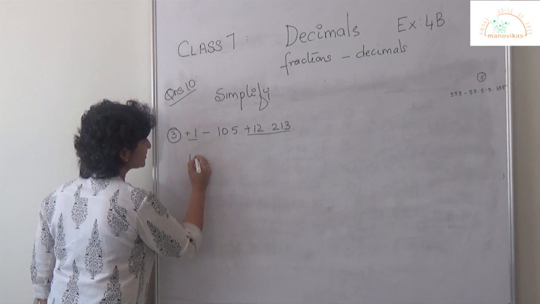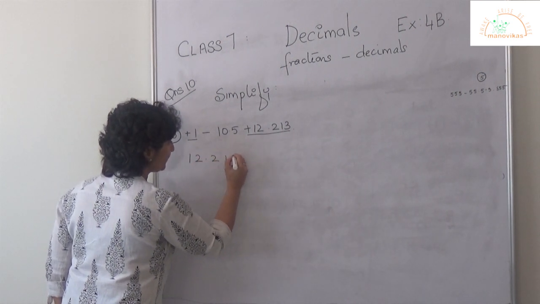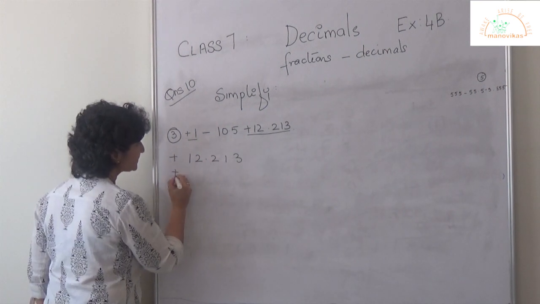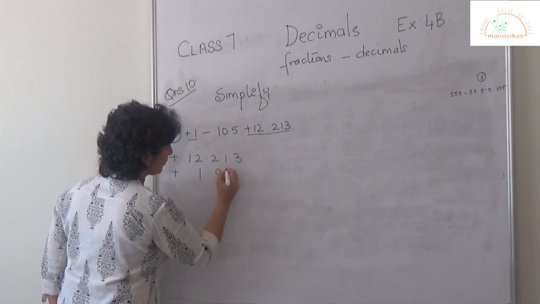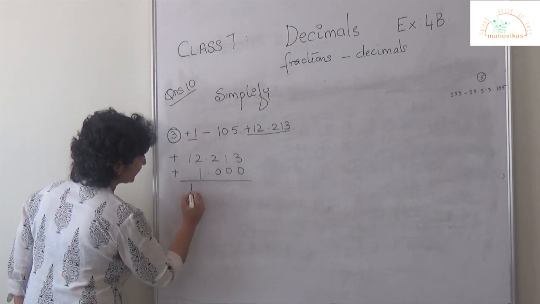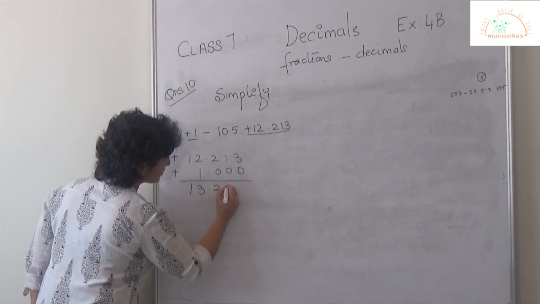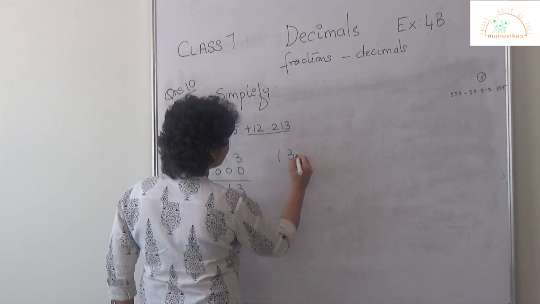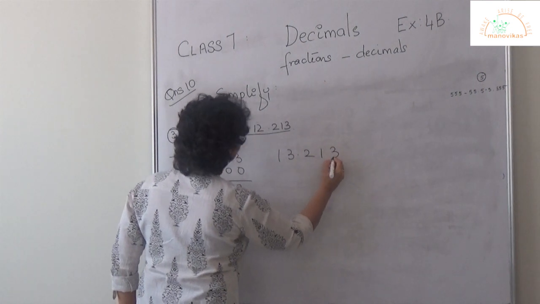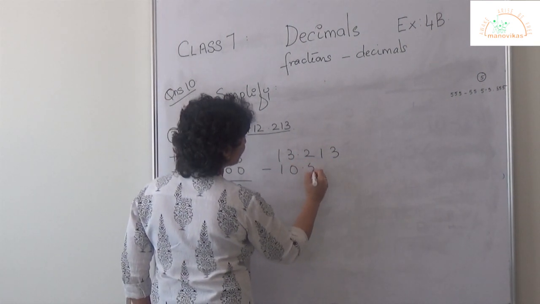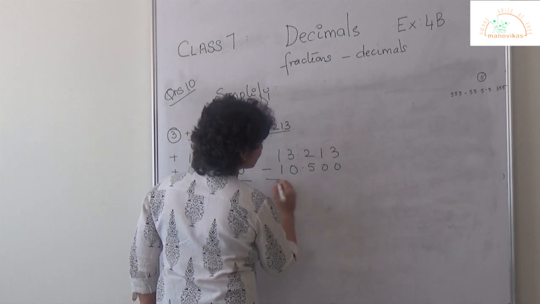So let me take it as 12.213. It is plus, if you want you may write plus 1.000. So what do I get? I get 13.213. Let's move it up. 13.213 and then I have minus 10.500.